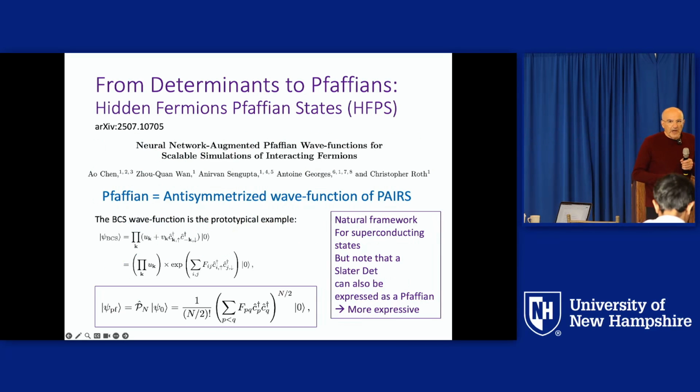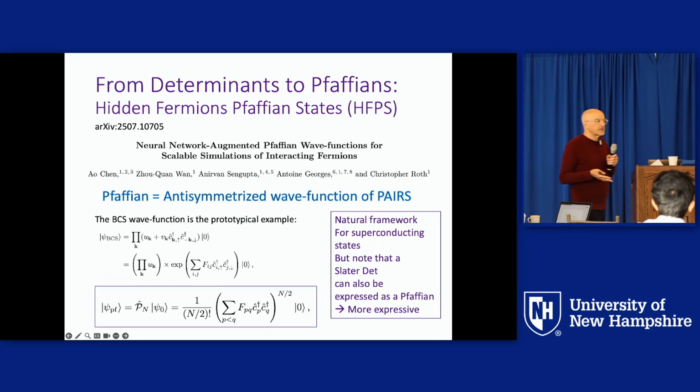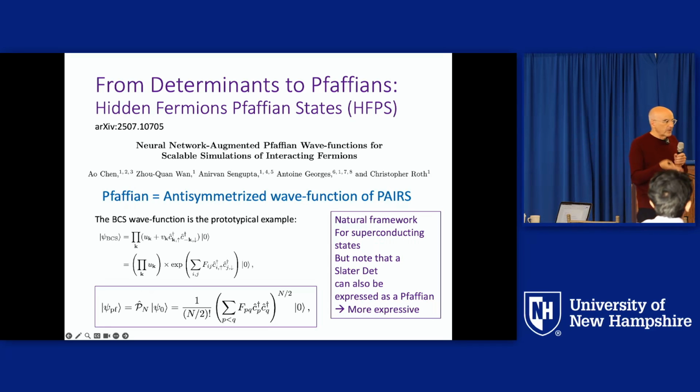Okay, so now I want to switch gears a little bit, and I want to go more into the state-of-the-art thing, which is switching from determinants to Pfaffians. And the motivation to do that is, of course, superconductivity. There's nothing wrong with looking at superconductivity with Slater determinants, by the way.